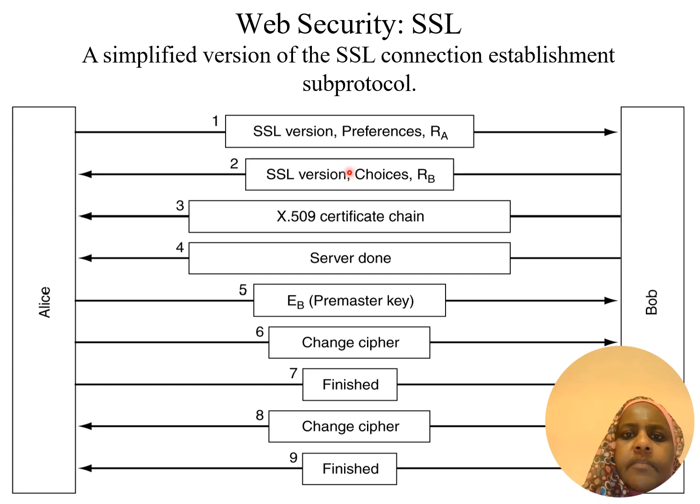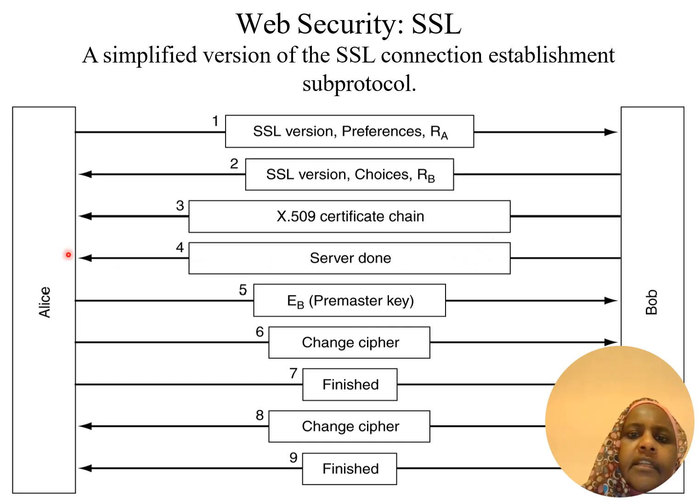Bob sends back the SSL version it's using, the choices from the preferences, and its public key. It will also send a chain of X.509 certificates to prove that the certificate he has sent is actually authentic.